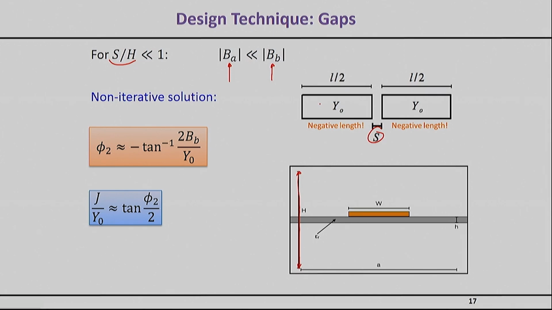So if you make this approximation, you can have a non-iterative solution. And it turns out then that phi2 is explicitly linked to only BB, and then J is only linked to phi2. So now I have an explicit equation that I can use to find phi2 from J. And once I know that, find BB from phi2.